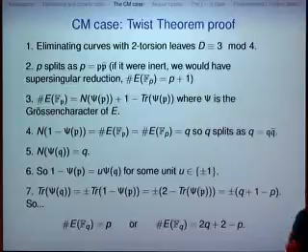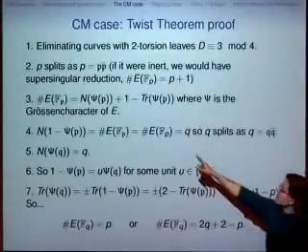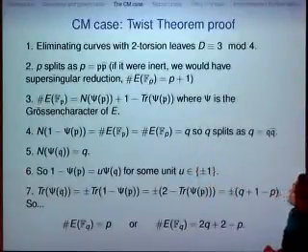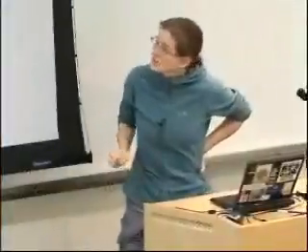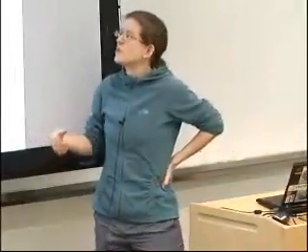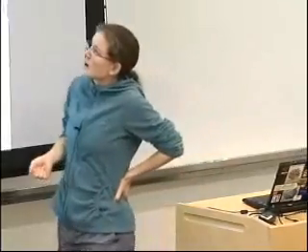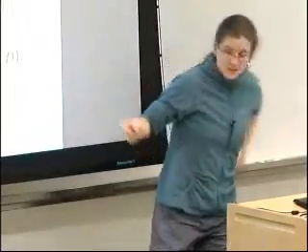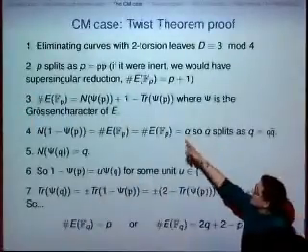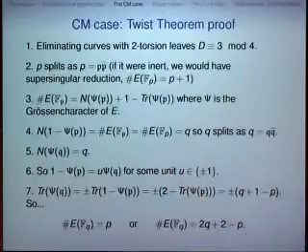So if we look at the number of points over F_p, then this is just the usual formula. The number of points on the curve is p plus 1 minus the trace of Frobenius, where this Grössencharacter gives you the Frobenius as an element of the order in the number field that you're identifying with your endomorphism ring. So this expression up here in number 3, that's the norm of 1 minus psi of p.